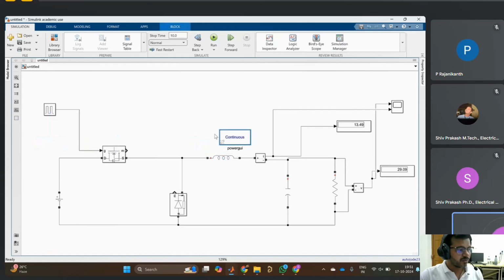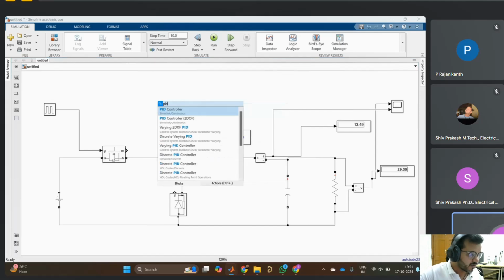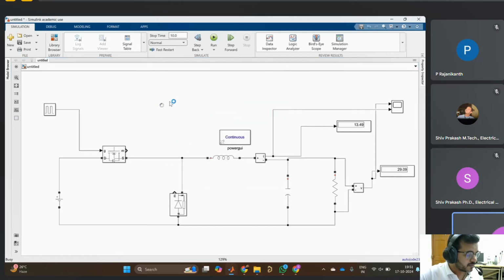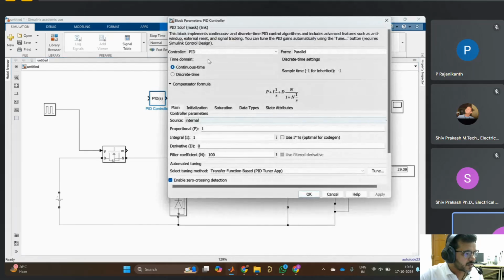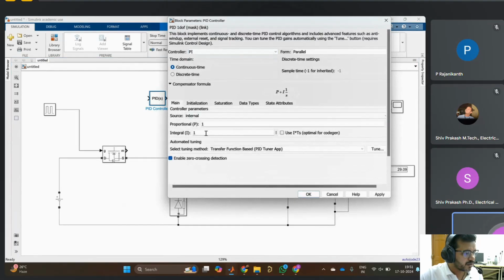And if you want to do the same thing in a closed loop system, then you should have a controller known as a PI controller. Simply add a PID controller, simplify this, use only the PI controller.